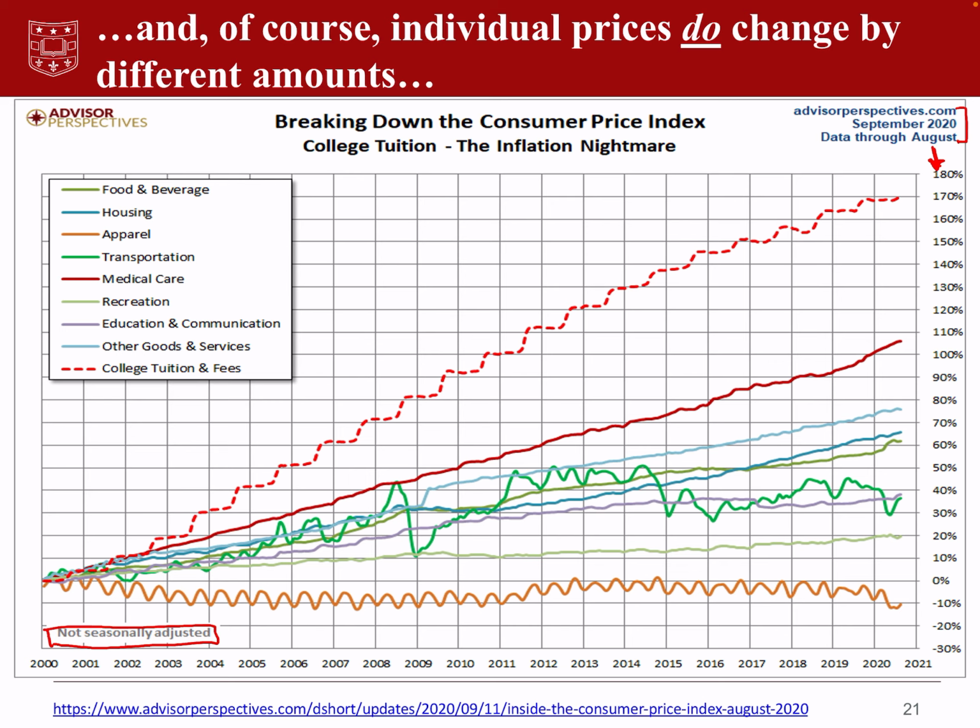So it's not that we have 170% inflation in tuition this year. It is that since 2000, tuition prices have gone up by 170%. And since 2000, basic apparel prices have declined by about 10%. And you can see the pattern for these other categories.